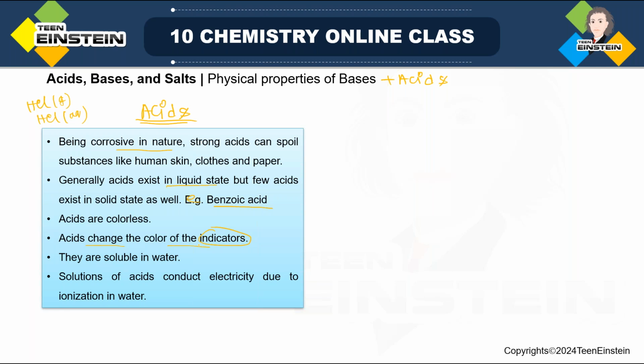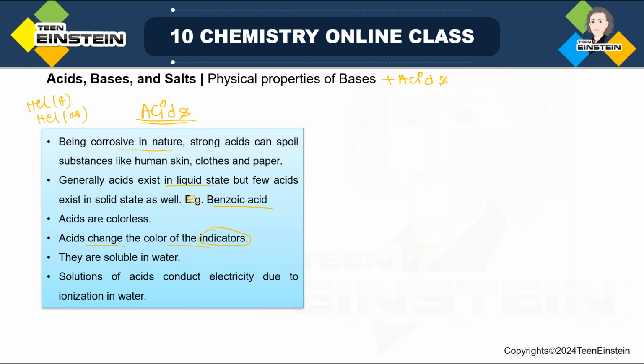Suppose you have an indicator with some specific color and an unknown solution, and you do not know whether it is acid or base. You add a very little amount of indicator, and from the color change you can understand whether the unknown solution is acidic or basic. That answer you can give.